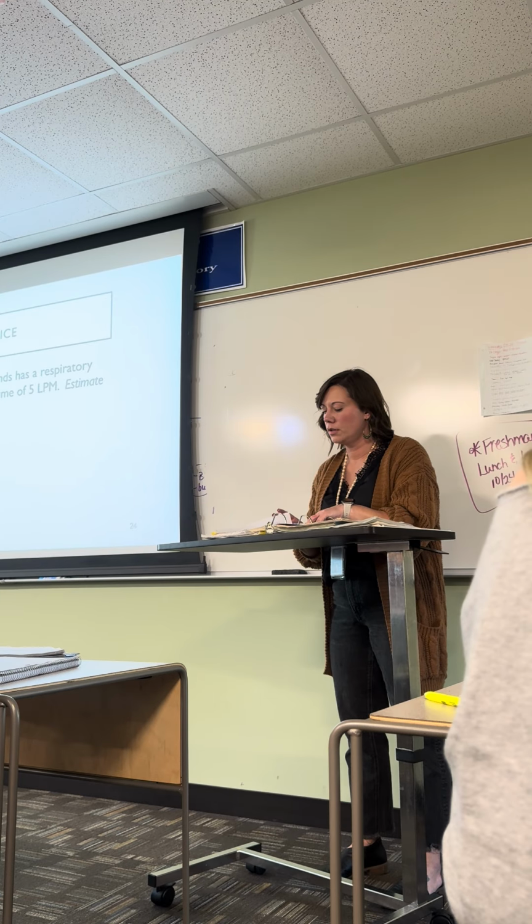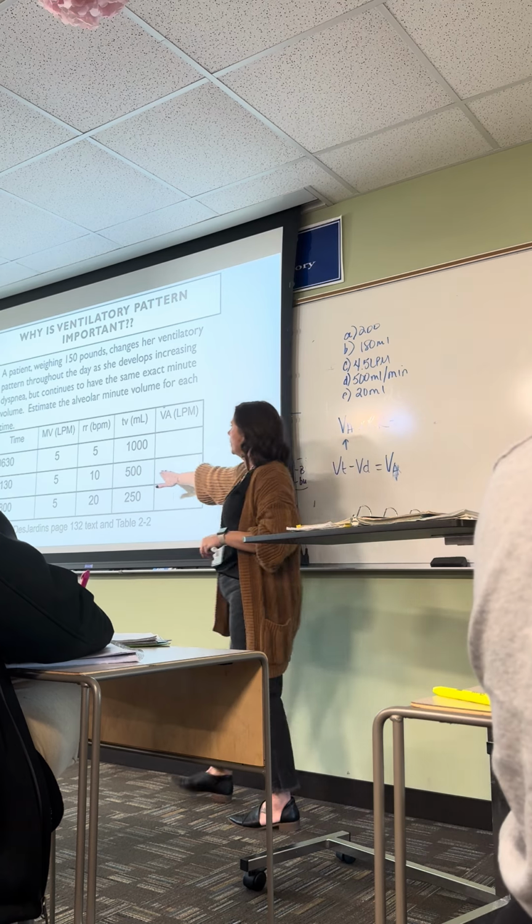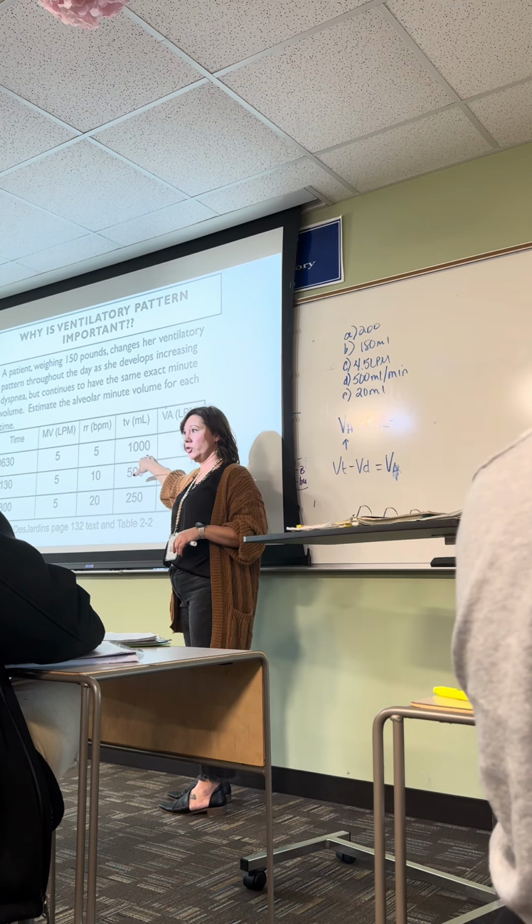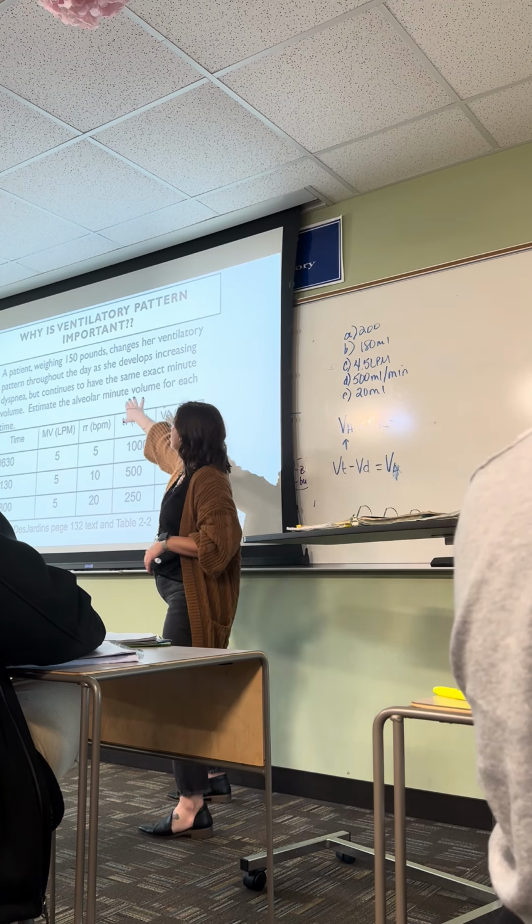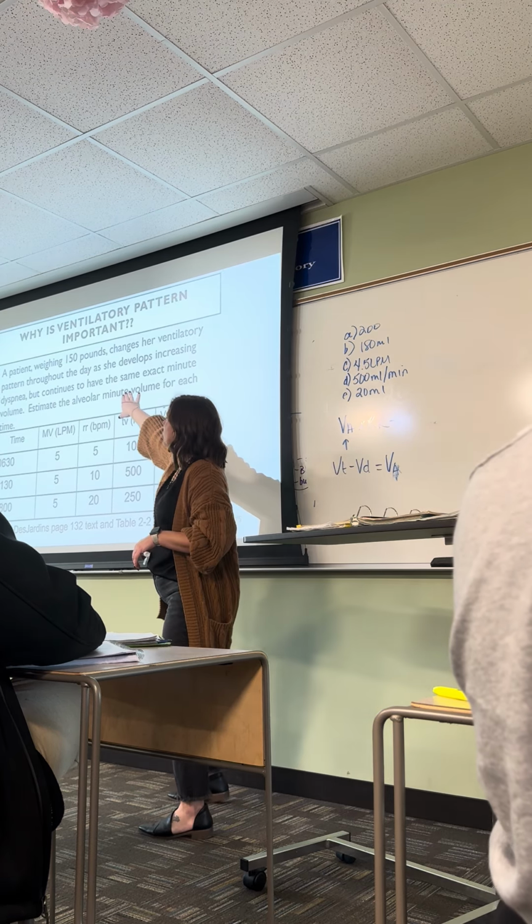Big A. We do have a tidal volume, I apologize. So we have our tidal volume, and we have our VD, which would be what? What would be our approximate dead space? 150. Okay, so for each one of these, you take your tidal volume, subtract the 150, and multiply it by the respiratory rate, which is right here.